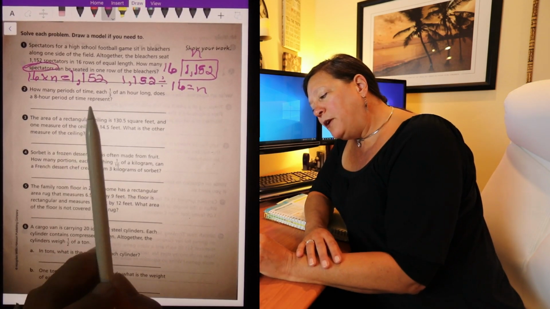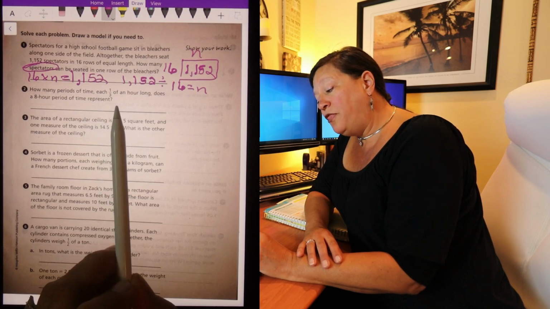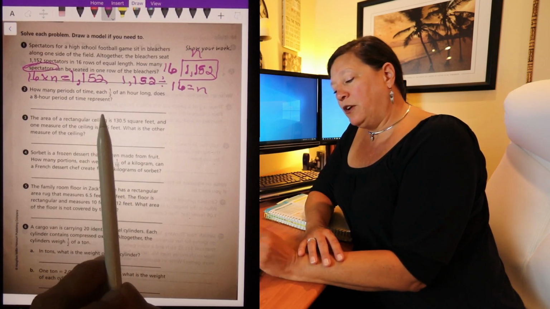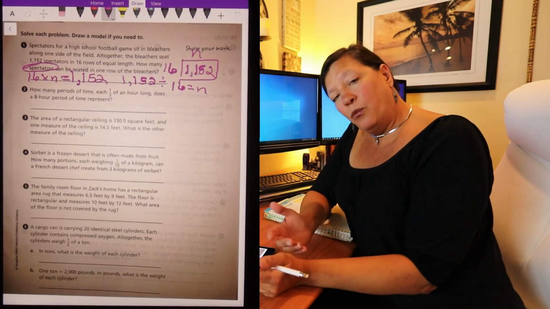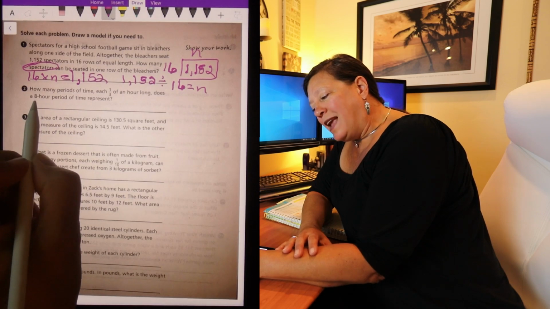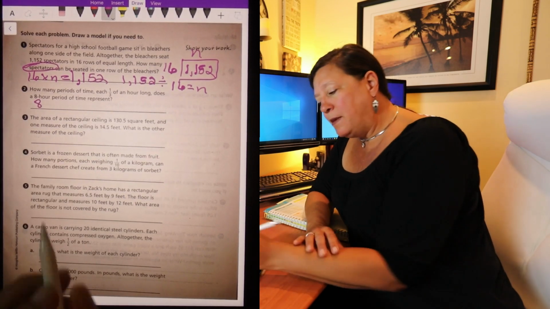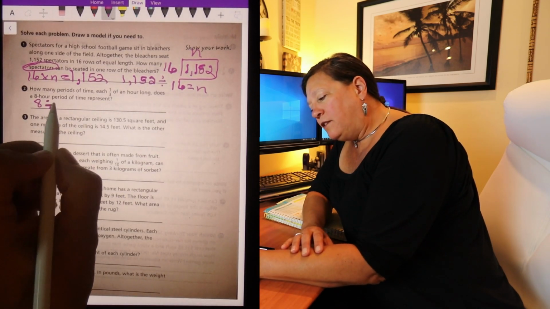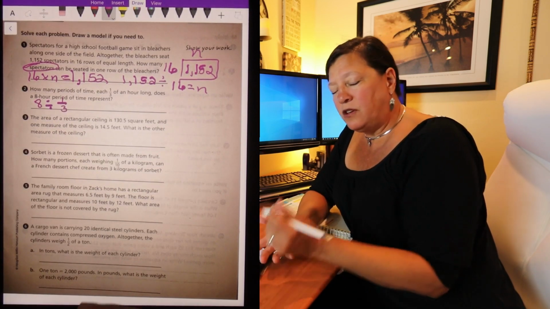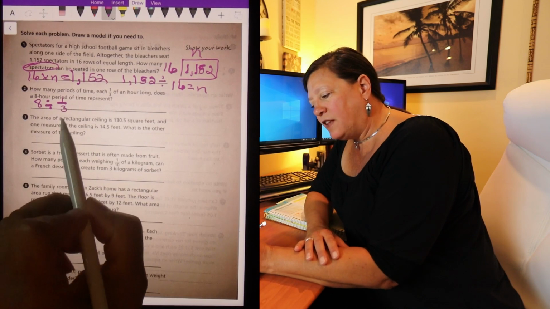Number 2, how many periods of time, each 1/3 of an hour long, does an 8-hour period of time represent? So we have to ask ourselves what's being split up here. It's an 8-hour period of time being divided into 1/3 of an hour long. So our situation and solution equation is pretty much the same.